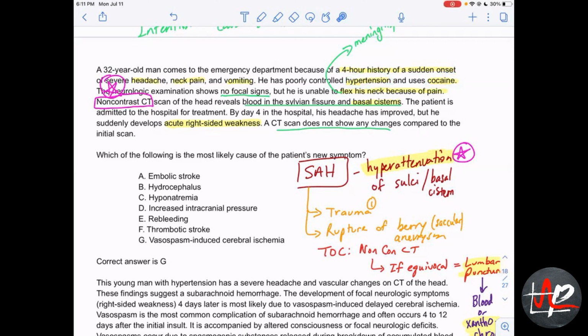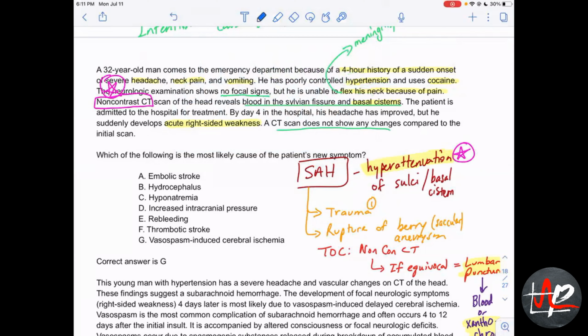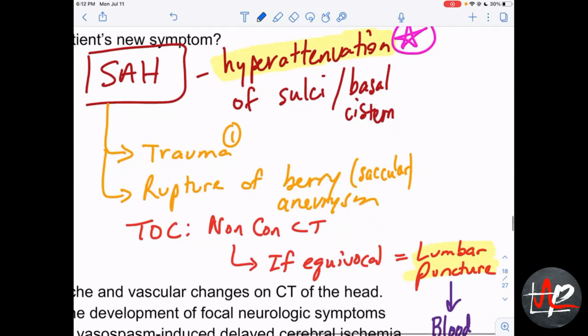Okay, so who's more likely to have these berry aneurysms? Because I'm going to show you how they can take this to a whole different level for Step 2. So it says this patient has a ruptured berry saccular aneurysm. What other symptoms may this patient have? And so, of course, you immediately jump to the subarachnoid hemorrhage and you're trying to brainstorm, well, what else would they have? Is it a stroke? Like, what else could this patient have?